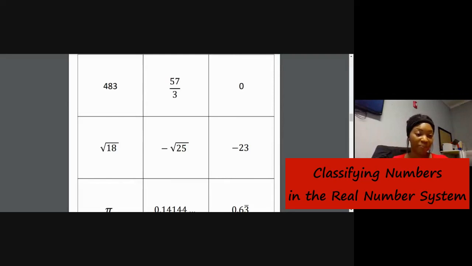Is it whole? Is 19 whole? Is 19 an integer? What is an integer? Can somebody explain what an integer is?